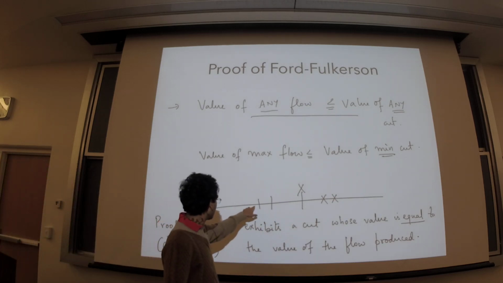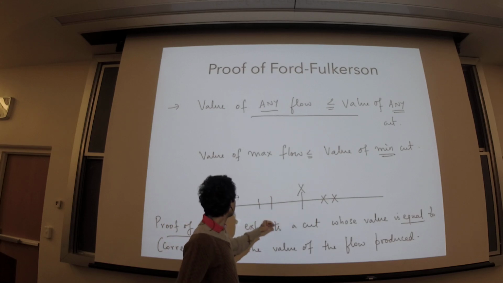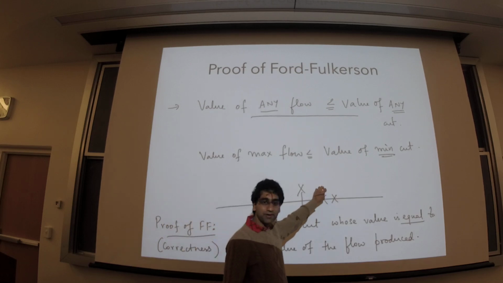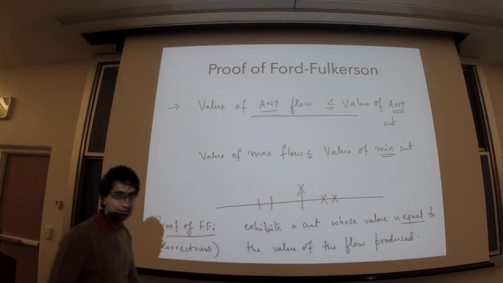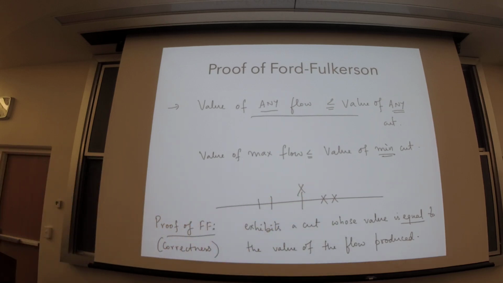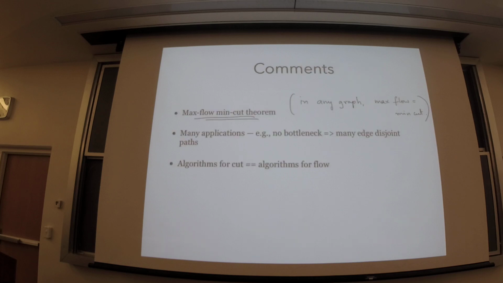Flows are the things on the left. If you take any flow, it's less than or equal to the value of any cut. But there exists some flow which is equal to the cut, and that is the max flow, and that's also equal to the min cut. All right, and this is called the max flow min cut theorem, or also the Ford-Fulkerson theorem.